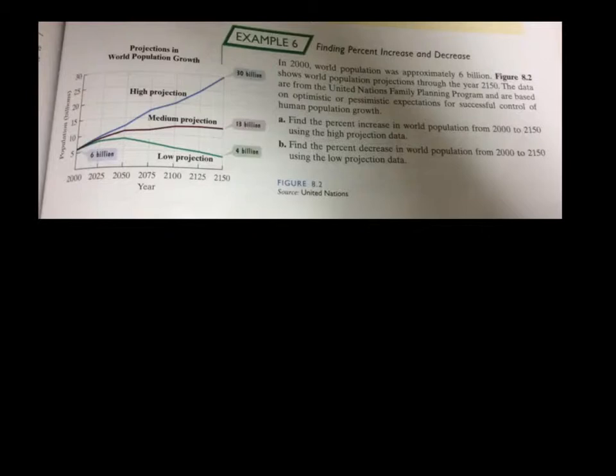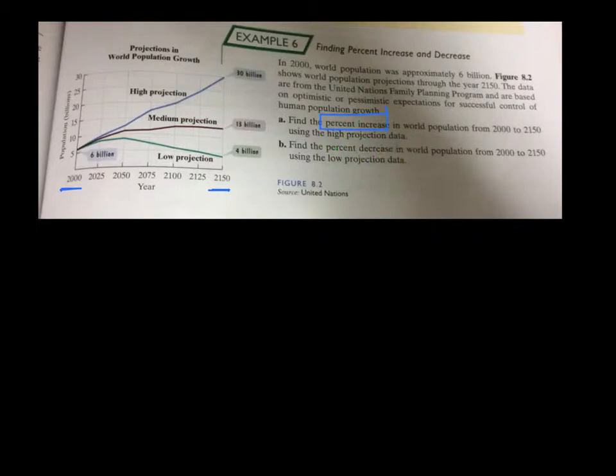So, two things we want to find. The first one is we want to find, and let me go ahead and maybe put this in blue, the percent increase in the world population from, of course, 2000 to 2150 using the high projection data. So they're telling us to use the high projection data.